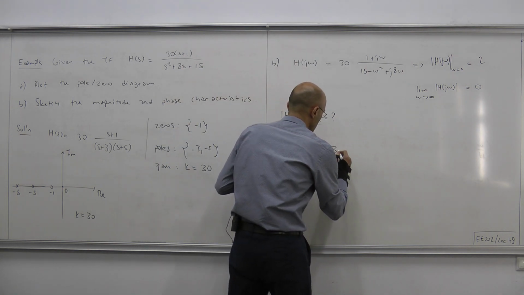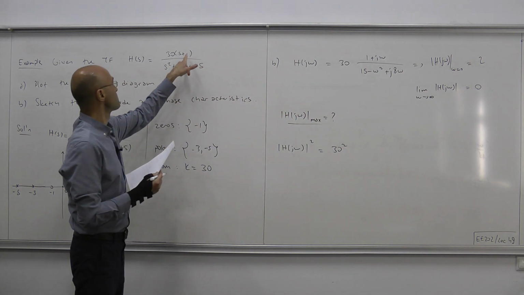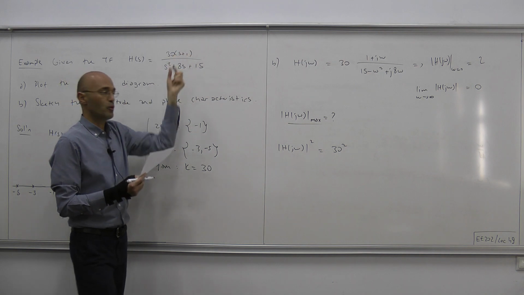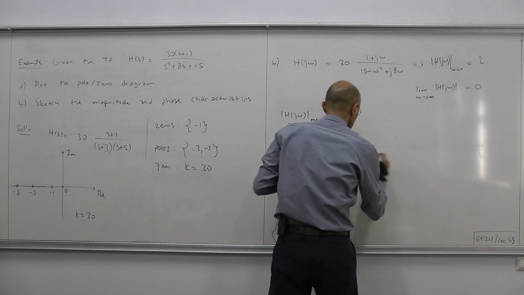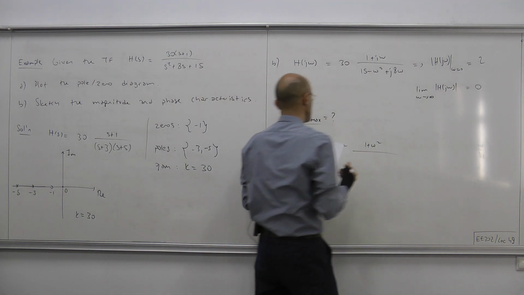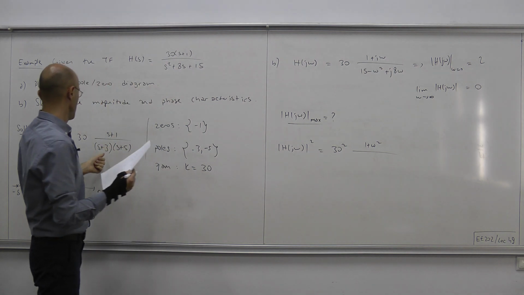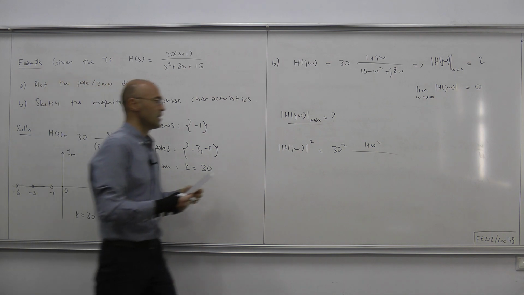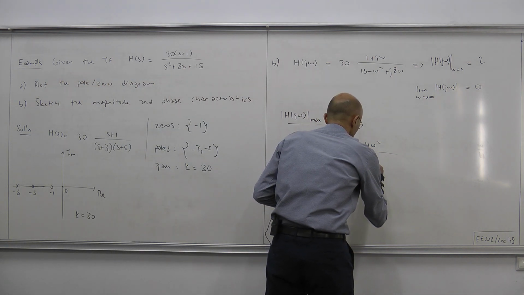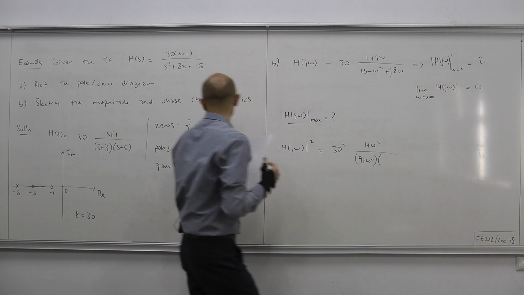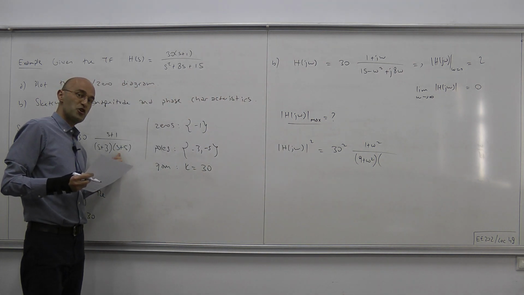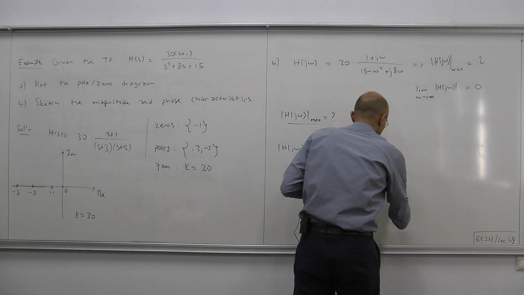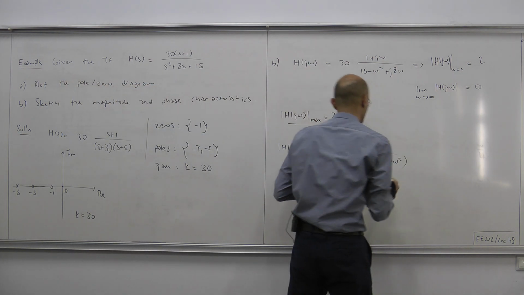So that equals 30 squared, and then plug in s equals jω. So the magnitude squared of 1 plus jω is 1 plus ω squared, and here we have 3 plus jω, and we take the magnitude squared, so that produces 9 plus ω squared, and likewise here we have 5 plus jω, magnitude squared, which is 25 plus ω squared.